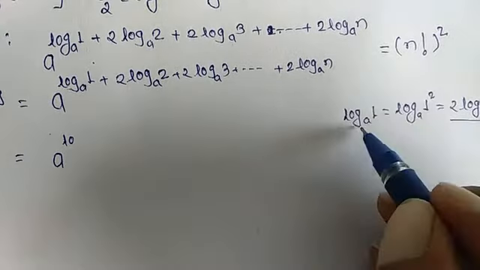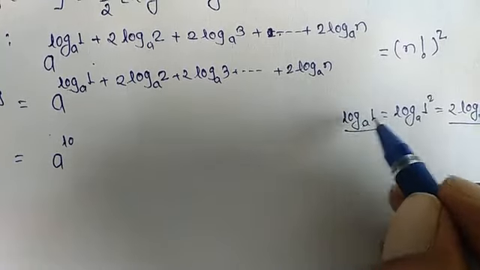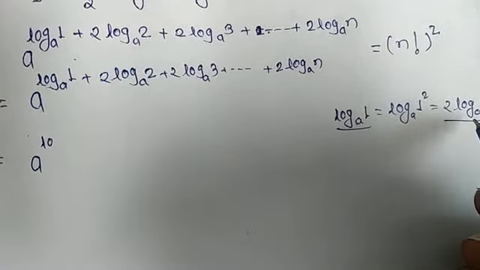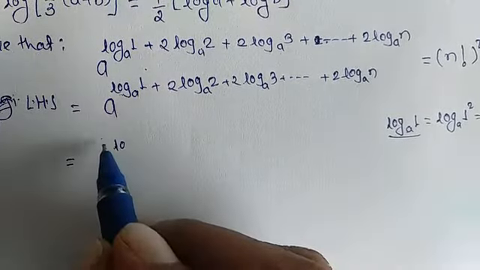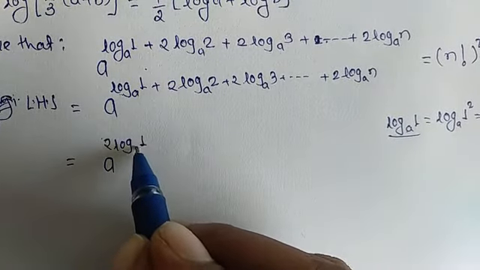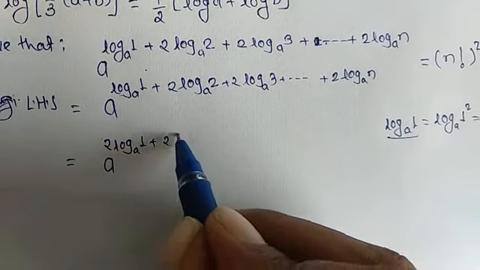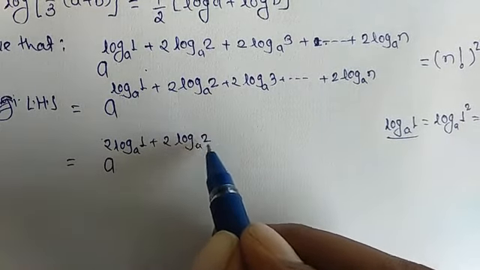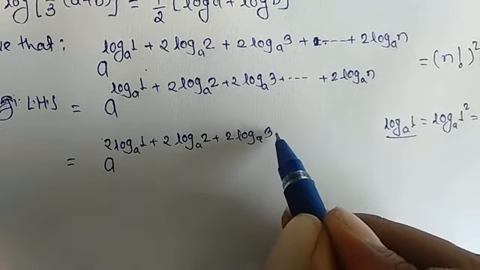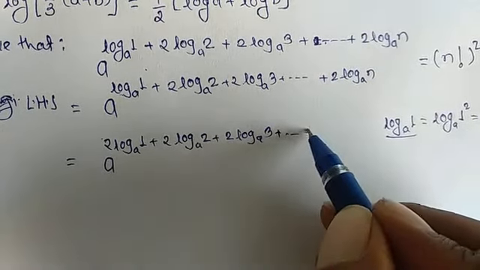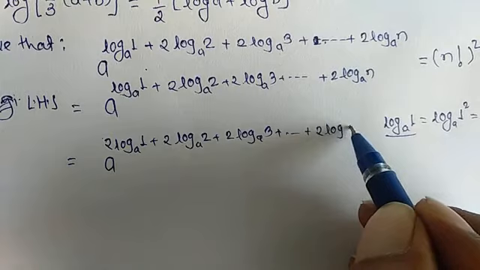The value of both log 1 to the base a and twice log of 1 to the base a is the same, so we replace log 1 to the base a by 2 log of 1 to the base a plus 2 log of 2 to the base a plus 2 log of 3 to the base a plus so on up to 2 log of n to the base a.